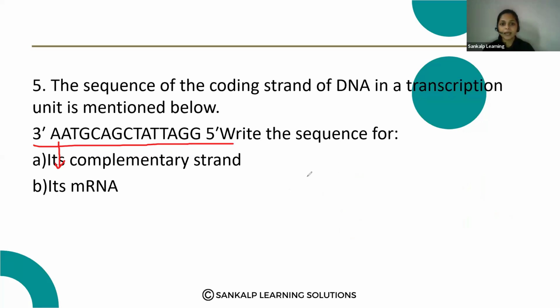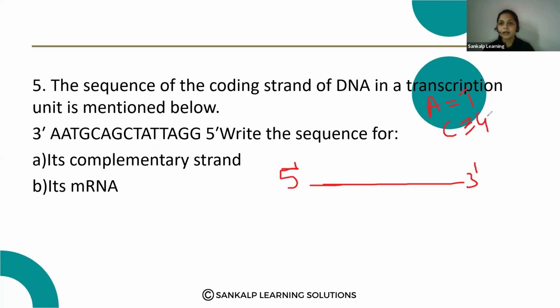And the mRNA always has 5 prime to 3 prime polarity. Here adenine binds with thymine, but in RNA it does not bind with thymine, it binds with uracil. So here adenine is there, so it binds with uracil U. Thymine is given.